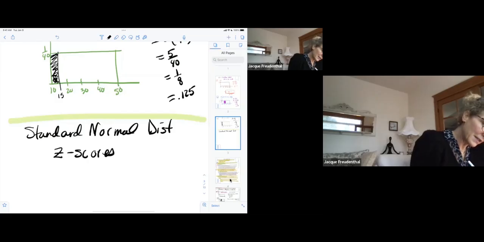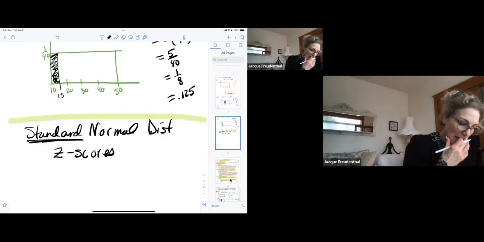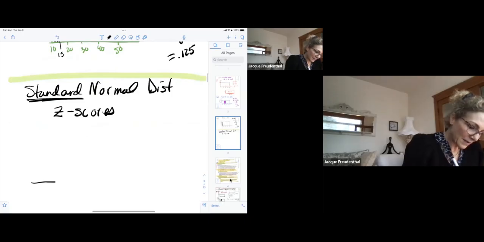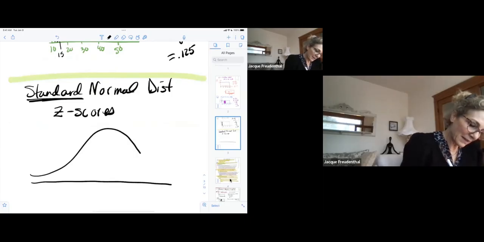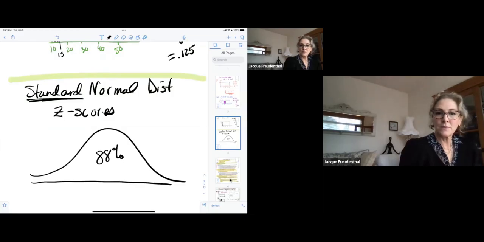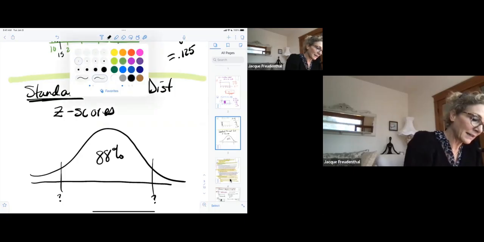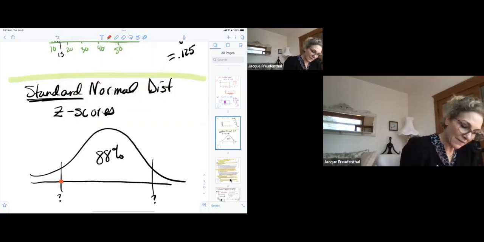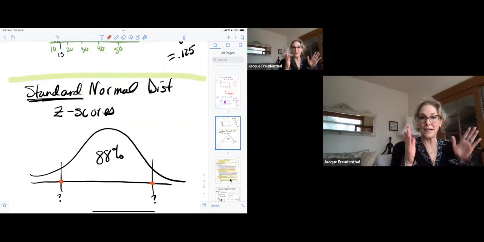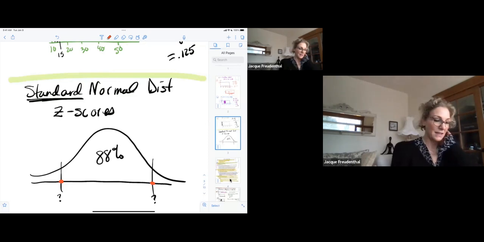So just with that word standard, that's what it indicates. And we want to know the z-scores that separate the middle 88%. So there's your middle 88%, and we're trying to find out what are these values on the number line, because really we're looking at values on the number line that separate the middle 88%.